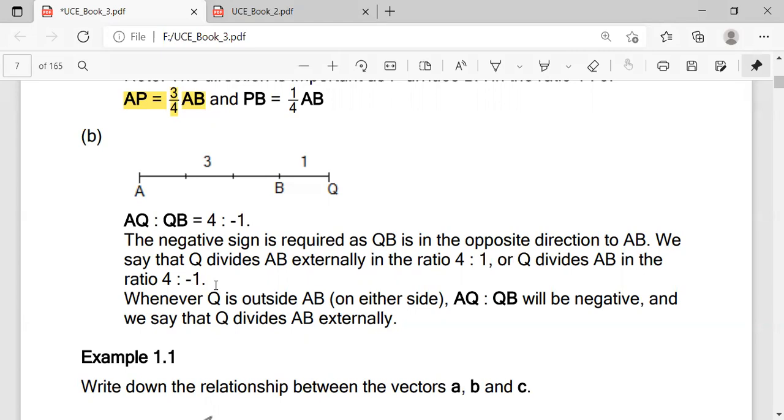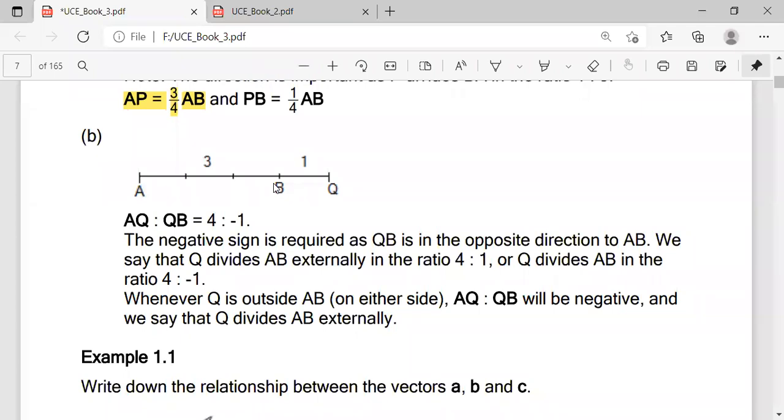So you can have AB. Let me ask you, what is AB to BQ? What is the ratio? 3 to 1, isn't it? Yes. 3 to 1.